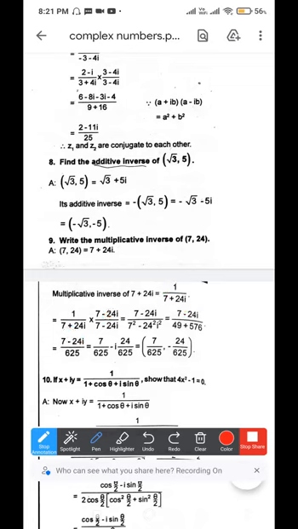What is (a + ib)(a - ib)? It is nothing but a² + b². So 7² + 24² will be 625. Then split with the numerator and you will get the answer as 7/625, -24i/625.